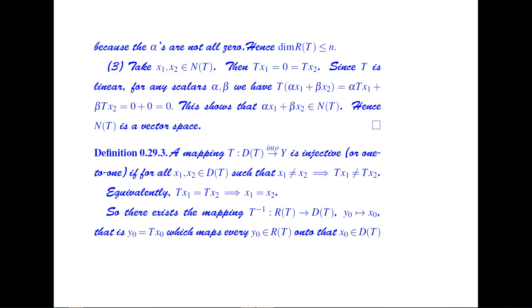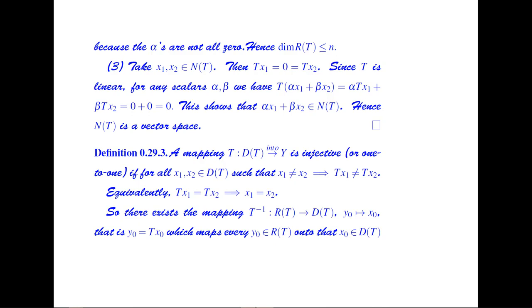So a mapping T from the domain space of T into Y is injective if for all x1 and x2 belonging to the domain space of T, x1 is not equal to x2 implies T x1 is not equal to T x2. Or equivalently, you can say that T x1 is equal to T x2 implies that x1 is equal to x2.